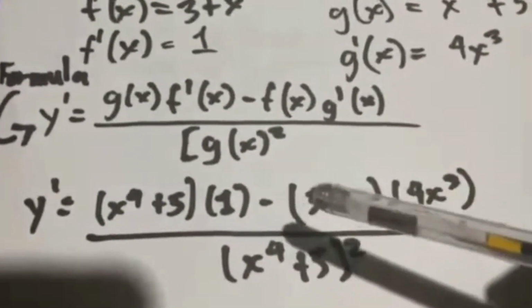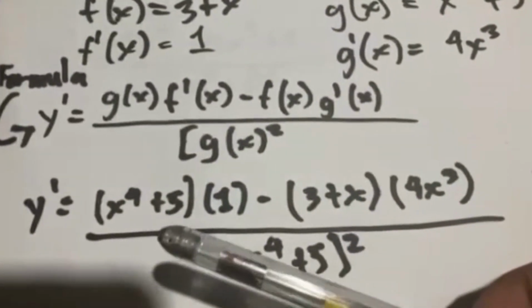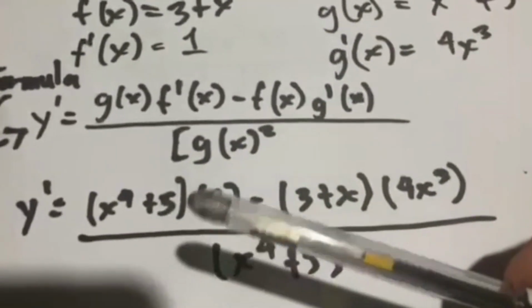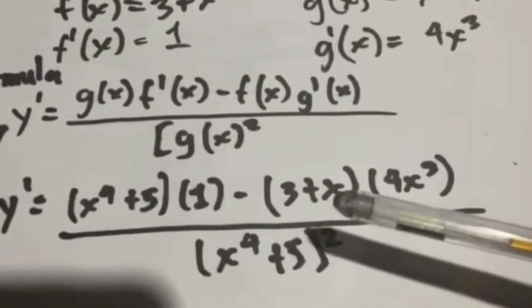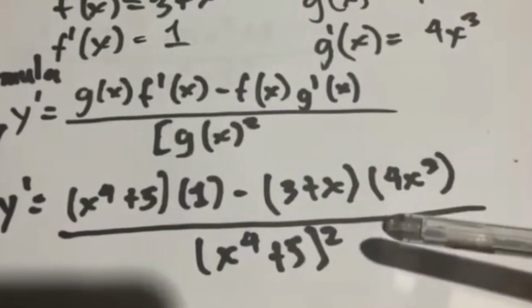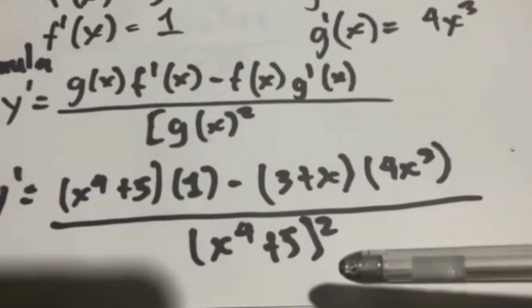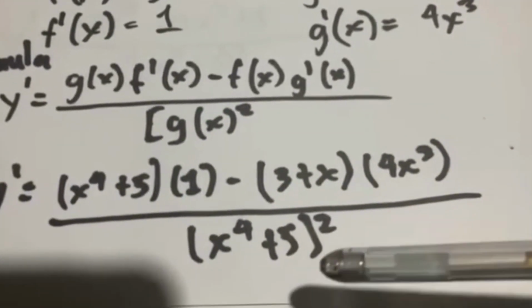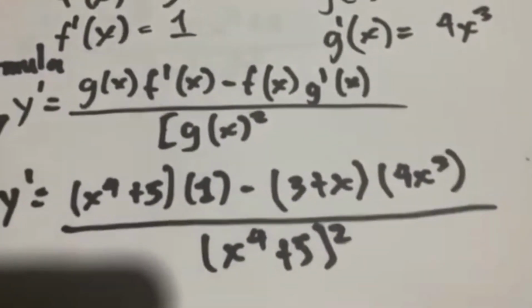That's why we got y prime equals x to the power of 4 plus 5 times 1 minus 3 plus x times 4x to the power of 3 over x to the power of 4 plus 5 to the power of 2.